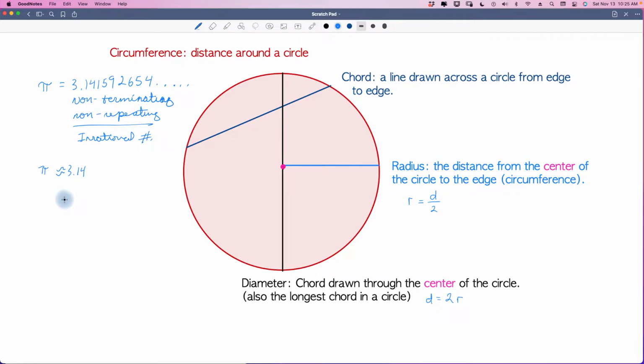So we have a formula that calculates circumference in relationship to pi. And pi, this whole thing right here, it just means that if they took the diameter and they wrapped it around the circumference of the circle, it would wrap around 3 times with a little bit extra.